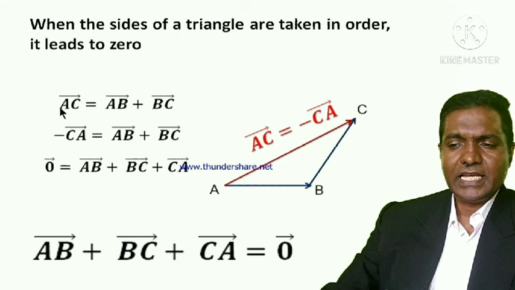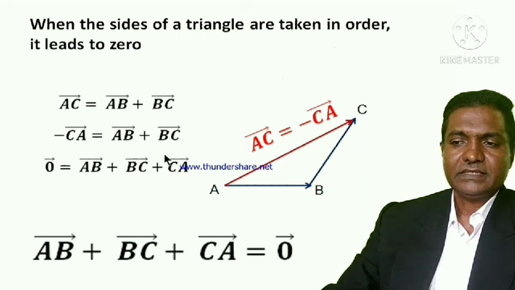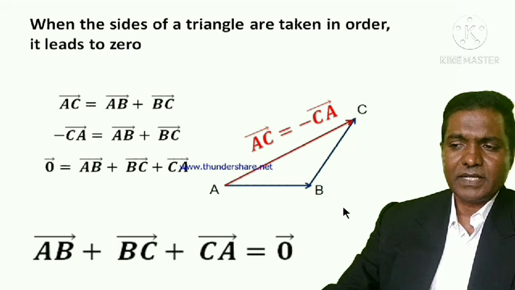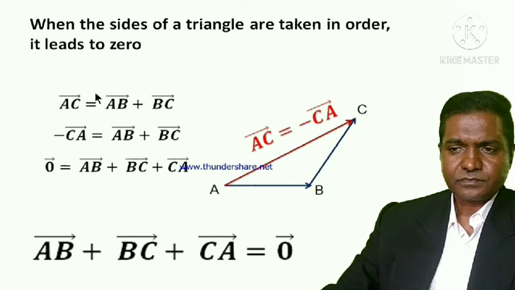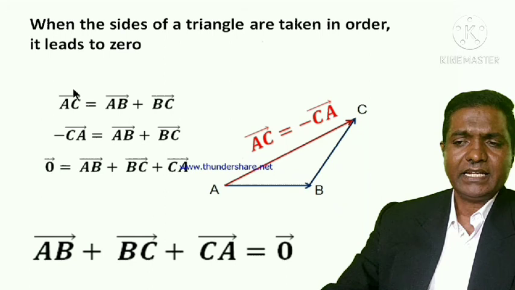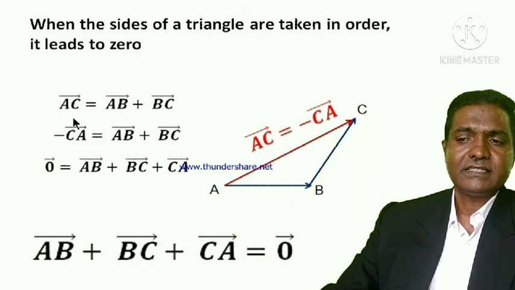So by the triangle law of vector addition, this vector AC is equal to AB plus vector BC, but AC is also equal to minus CA.